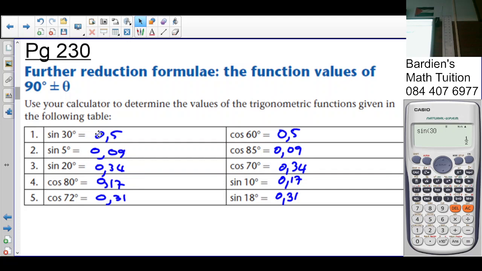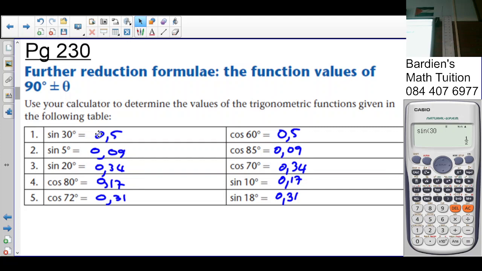We got here sine, cos. Sine, cos. Sine, cos. Cos, sine. Cos again now. And we got sine.